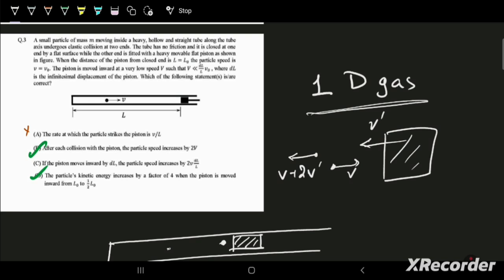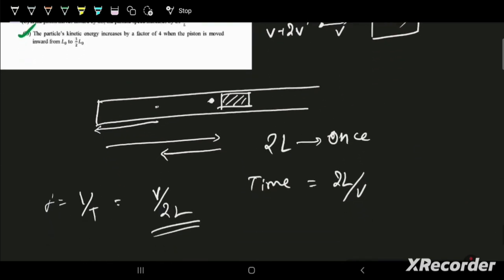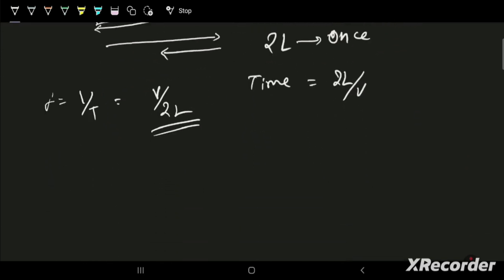Third option says that if the piston moves inward by dl, then the particle speed increases by 2V dl by L. Coming to option C, we need to do some manipulation. In the period when the piston moves by dl, the time passed dt will be equal to dl by capital V. This is the time for which the piston moves.